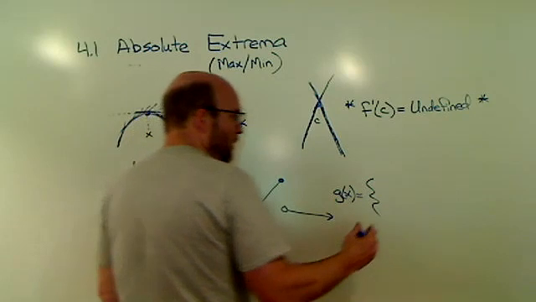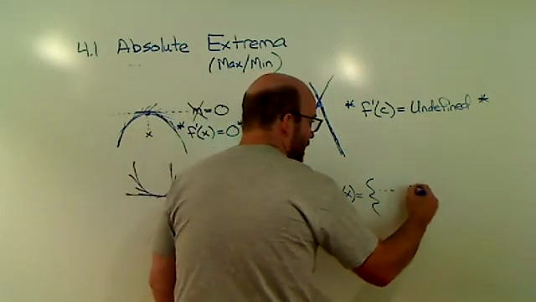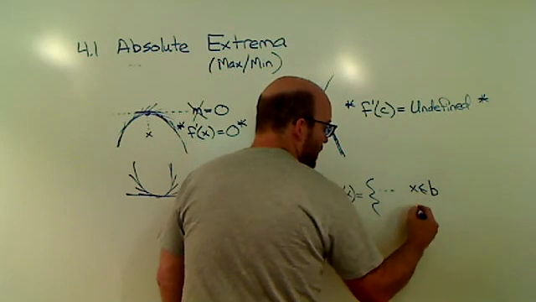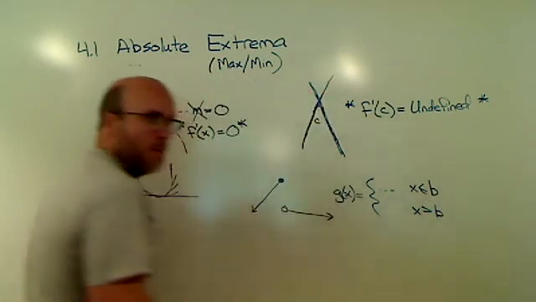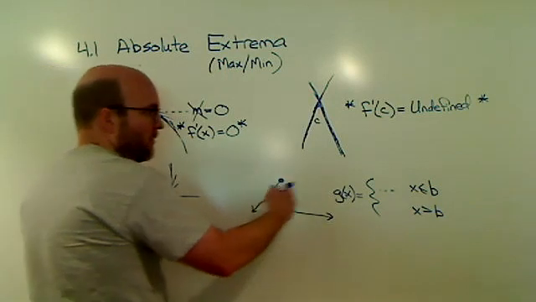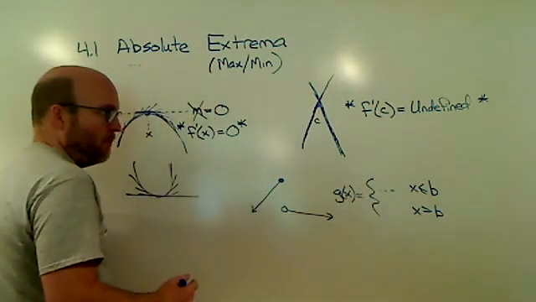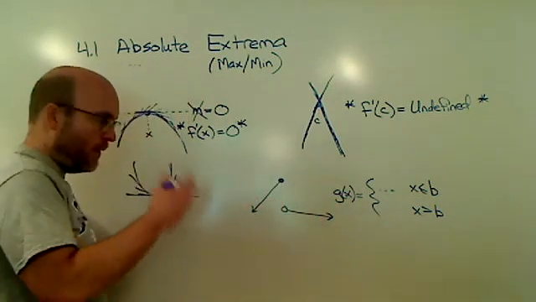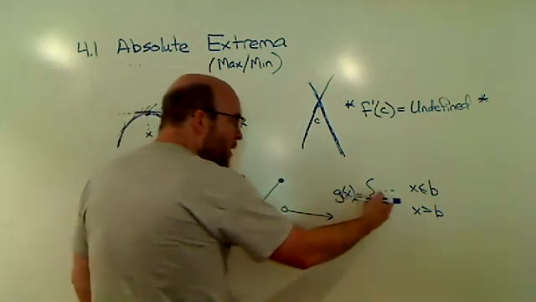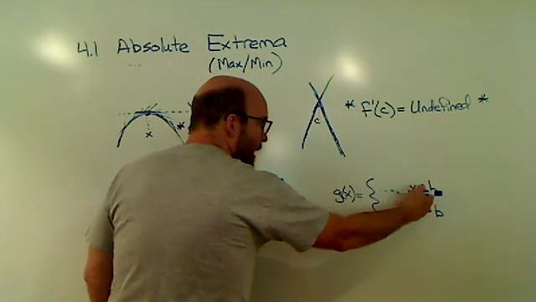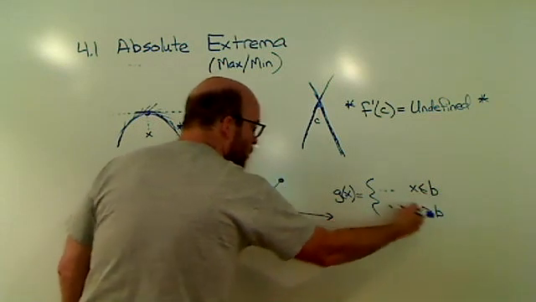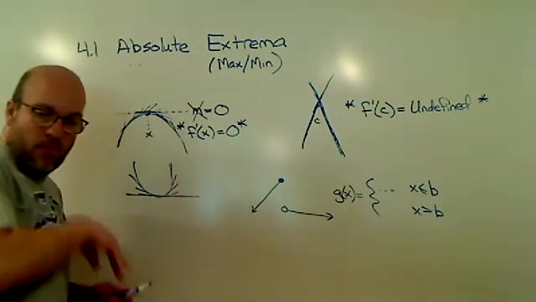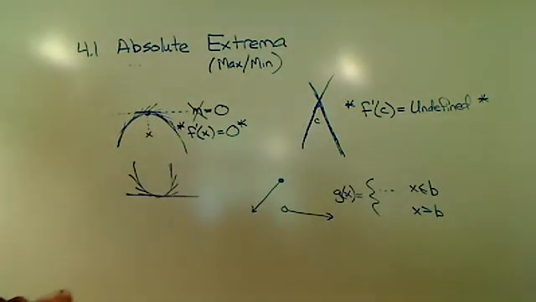You'd have the piecewise function, and you'd have something for x is less than, I guess just another letter here, b, and something else for x is greater than b. That's what that would have to look like. I'm just trying to put in some variables so I don't have any actual numbers. And if you have a piecewise function that you're actually dealing with, which we're not going to in this class, it would literally spell out here, well, hey, b is another endpoint that we're going to have to test along the way. So that's the one that we're not going to deal with.